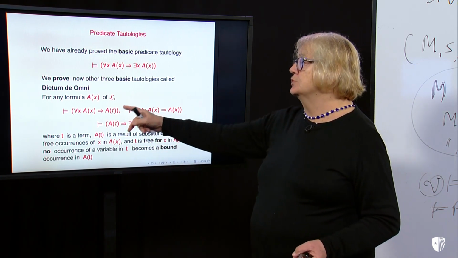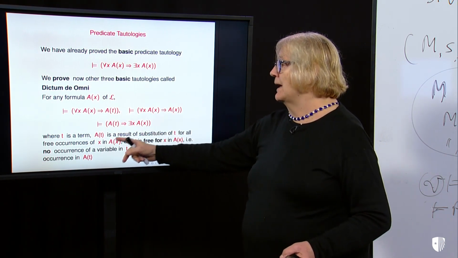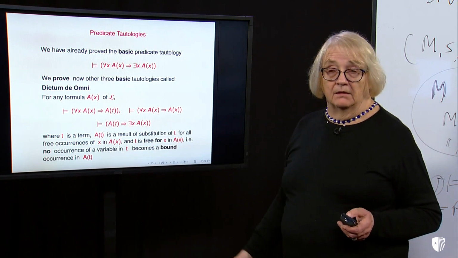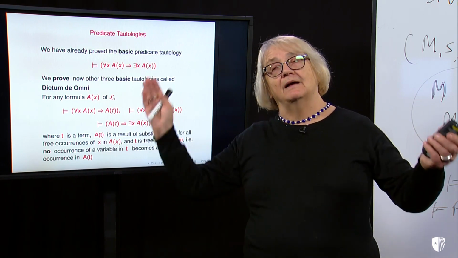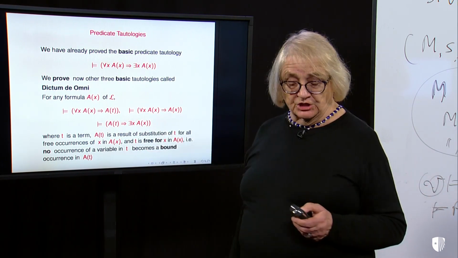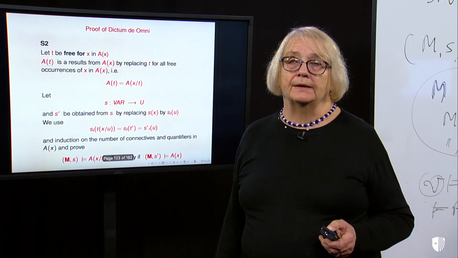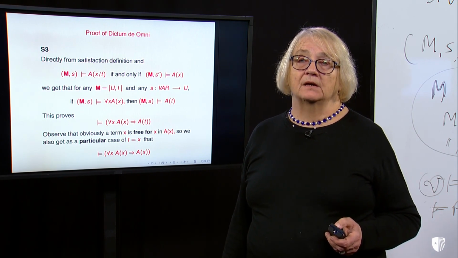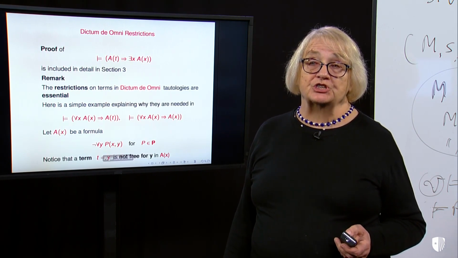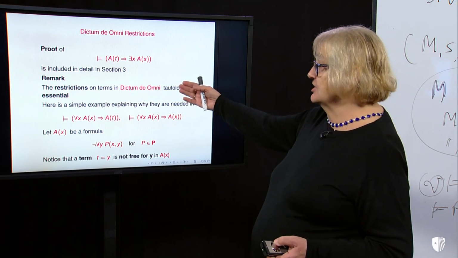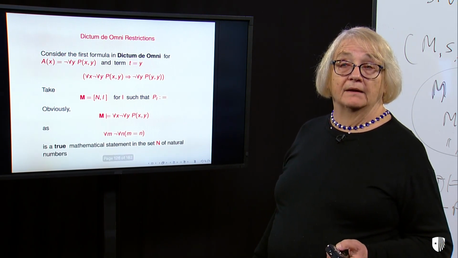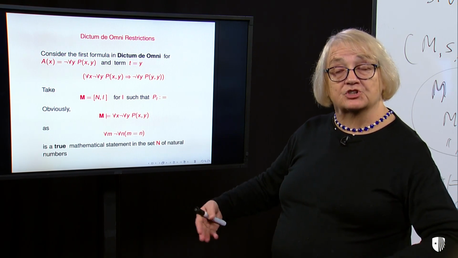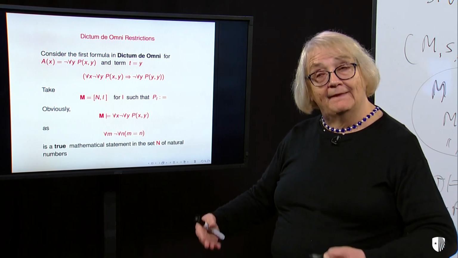So you can apply certain laws only under very important conditions; you just cannot say, I just put t. Here are the restrictions, and I also show you that the restrictions are essential. Here I give you an example of why they are essential, because if you have a restriction, you have to give an example showing it was needed.